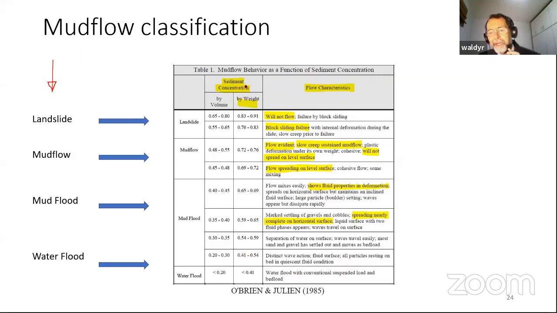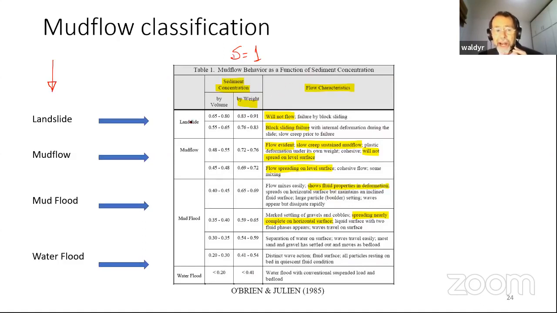It would be more like a void ratio or even solids content. If you have material that's saturated, you can talk about concentration, expressed in weight, mass over mass, or volume over volume. For geotechnical engineers, it would be more like mass over mass.